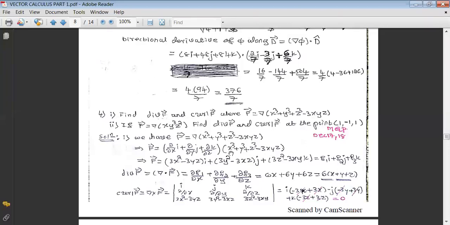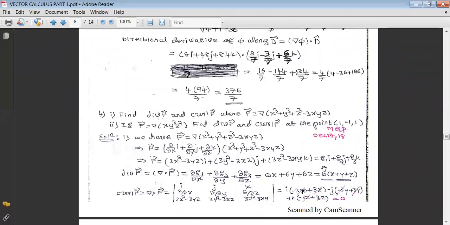Now first one I have to differentiate this one partially with respect to x, and it has to be multiplied by i. When we differentiate this one partially with respect to x, it gives you 3x square minus 3yz into i, plus once you operate on the second term, when you differentiate with respect to y partially, that is 3y square minus 3x, x is a constant, y with respect to y is 1, into j, plus when you differentiate this one partially with respect to z, treating x and y as constant, we get 3z square minus 3xy into k.